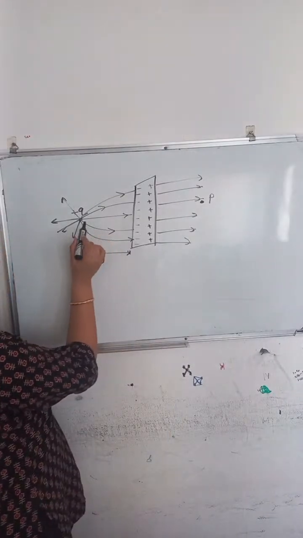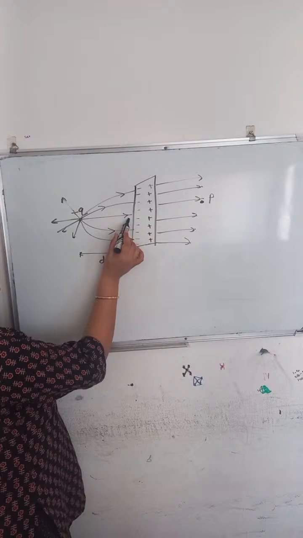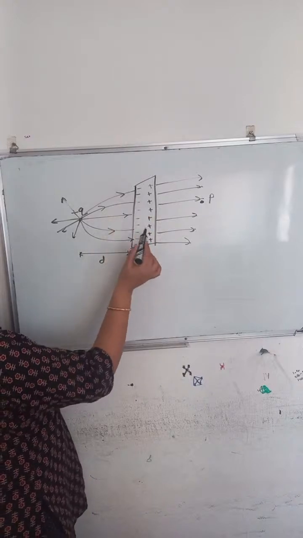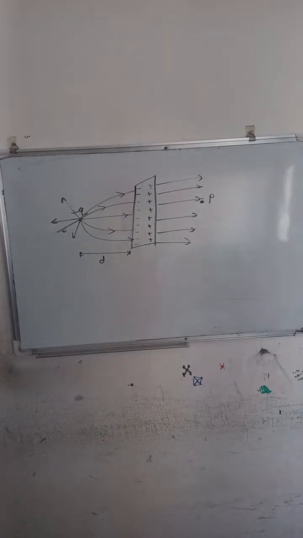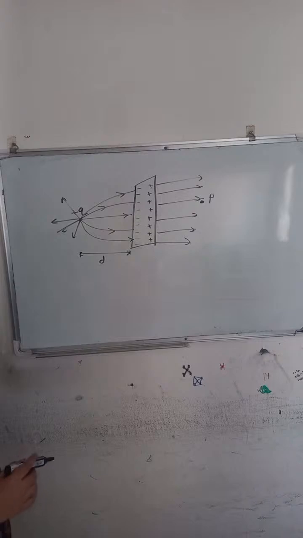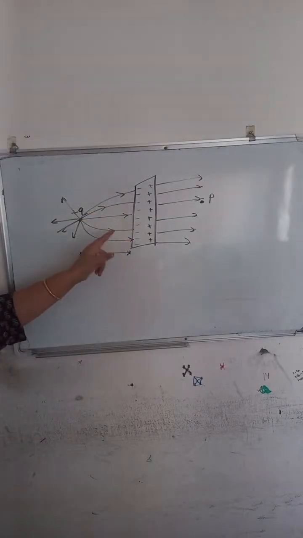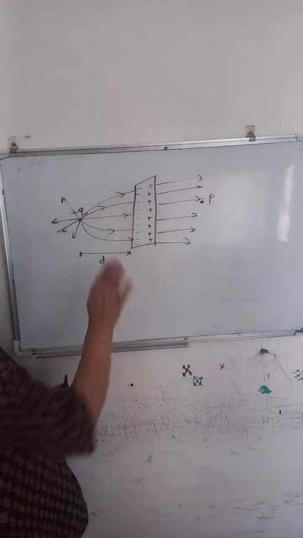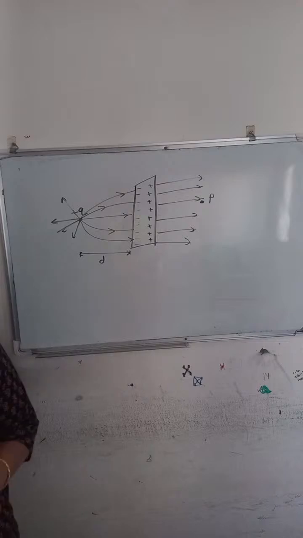The field lines come radially outward, that means they are perpendicular to the plane and going away from the plane, towards the point P. So according to this explanation, check which is the answer. Directed perpendicular to the plane and away from the plane, yes, they are going away from the plane. So option A is the correct option.